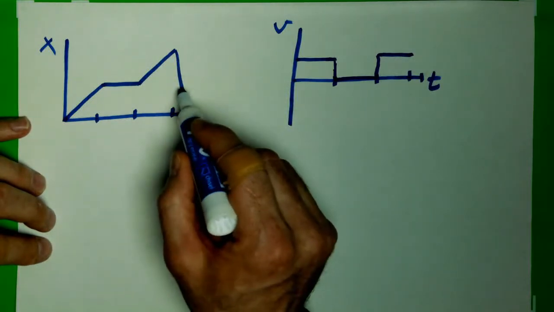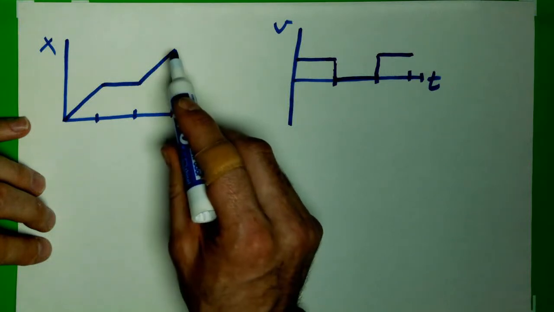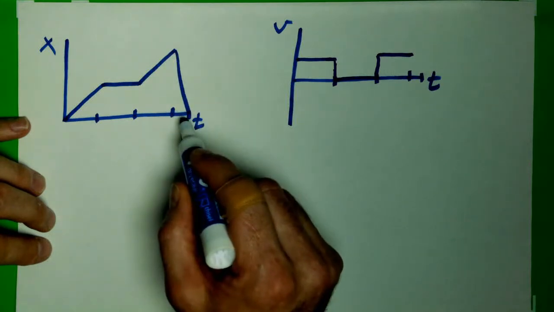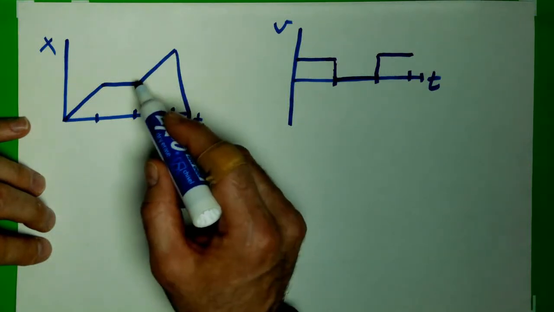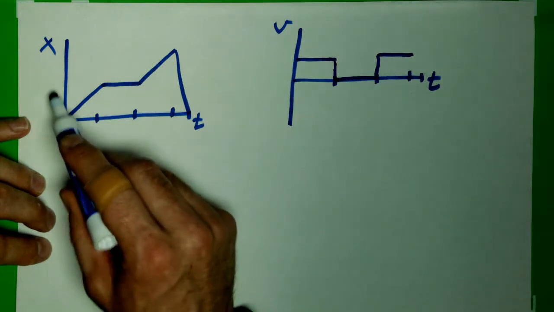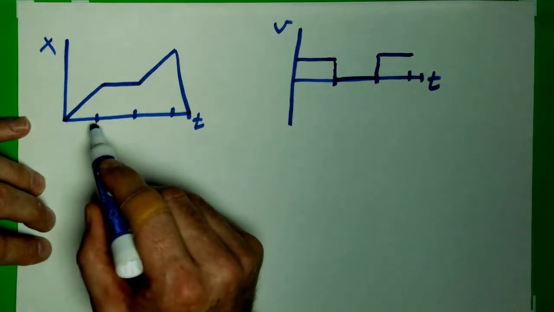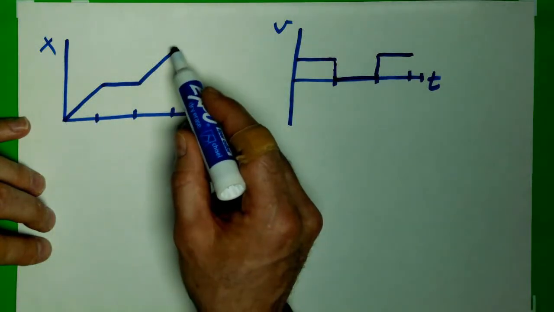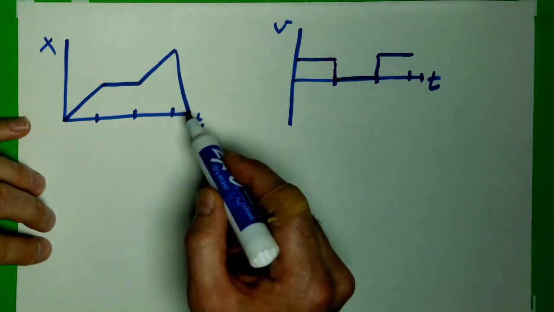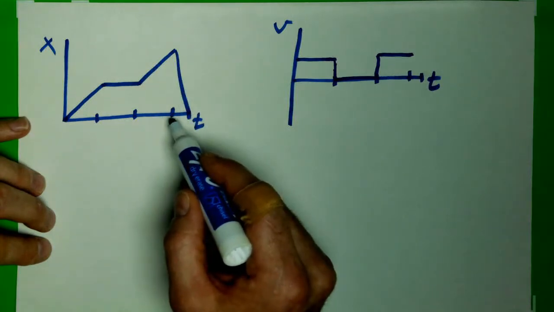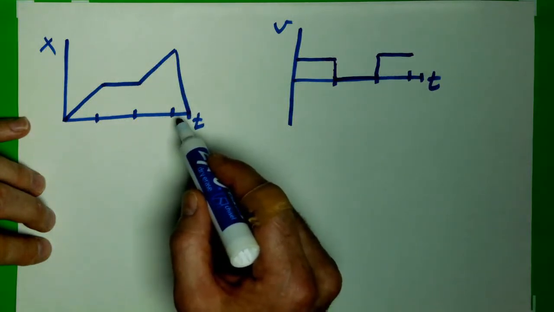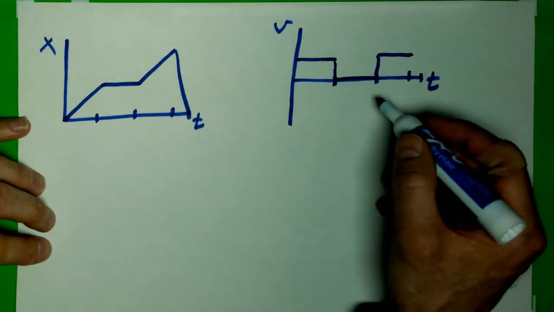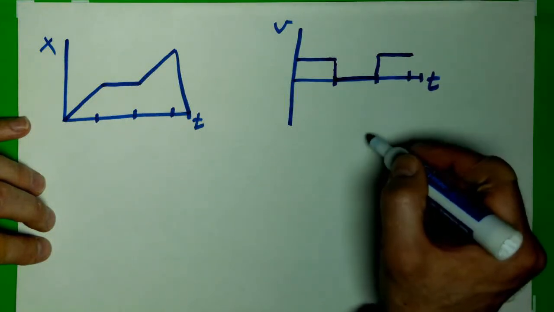It's a negative slope, and it is 4 times steeper than this rise. Let's say this rise was 1 unit tall over 1 unit in time. This would be 2 units of fall over half a unit of time. And so we would end up with a velocity that's 4 times bigger but negative.